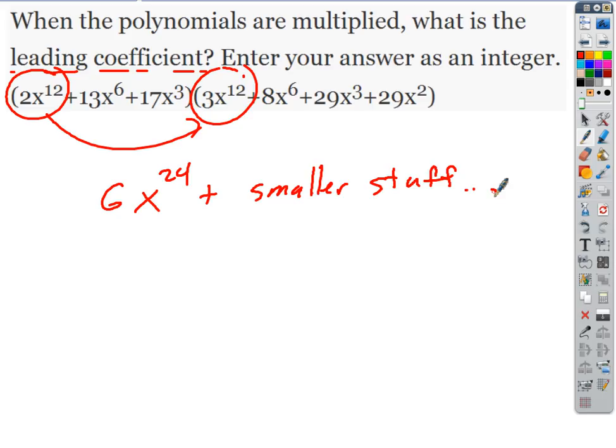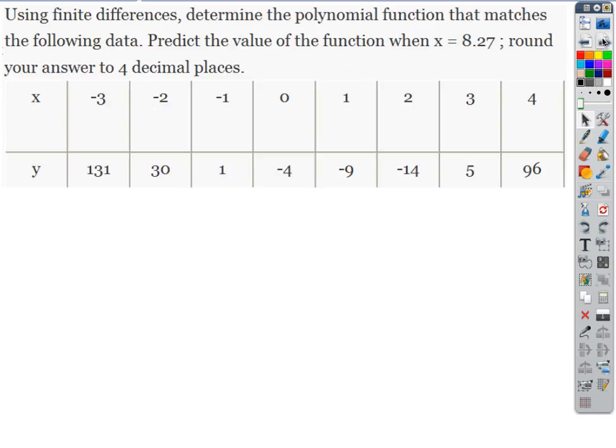All right. Okay, using finite differences, determine the polynomial function that matches the following data. And then use that to predict the value of the function when x equals 8.27. Okay, so this is a little bit of a process too. How do we do this? How do we use finite differences again?